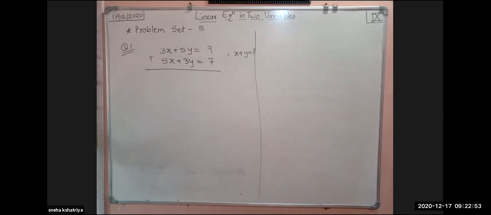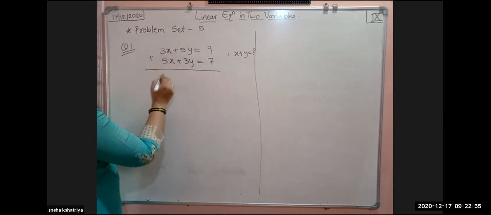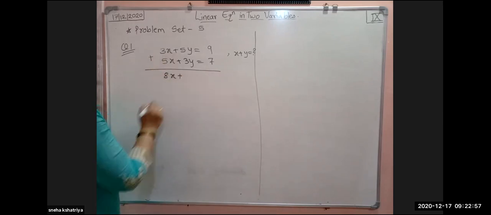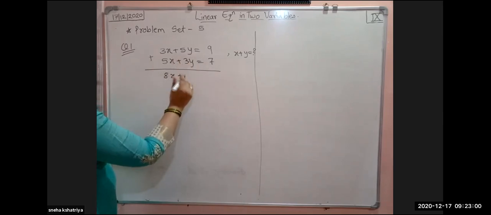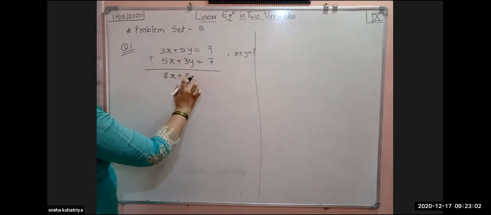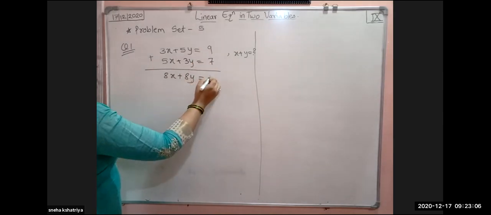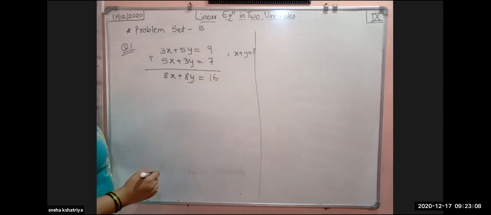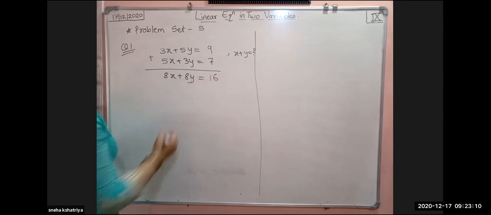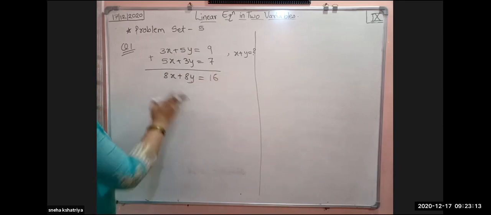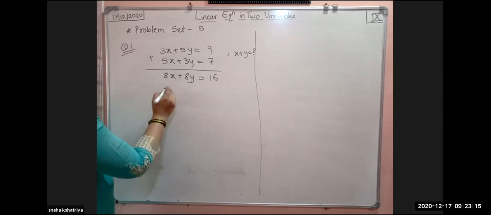Simply add both the equations. 3x plus 5x becomes 8x, 5y plus 3y becomes 8y, which is equal to 9 plus 7, which is 16. So this becomes very easy. Take 8 common outside the bracket.